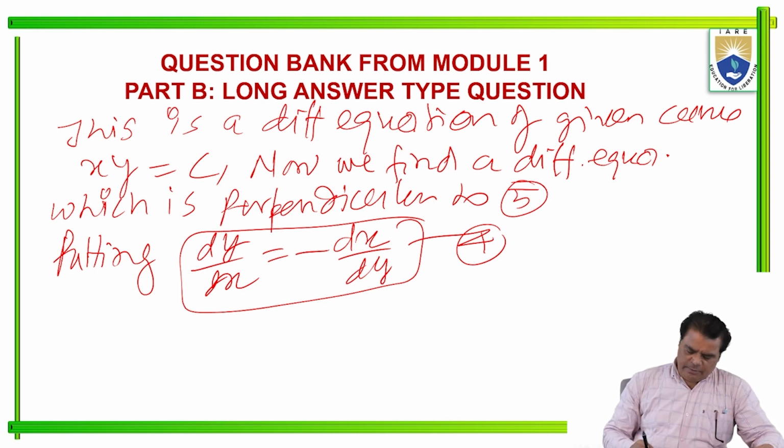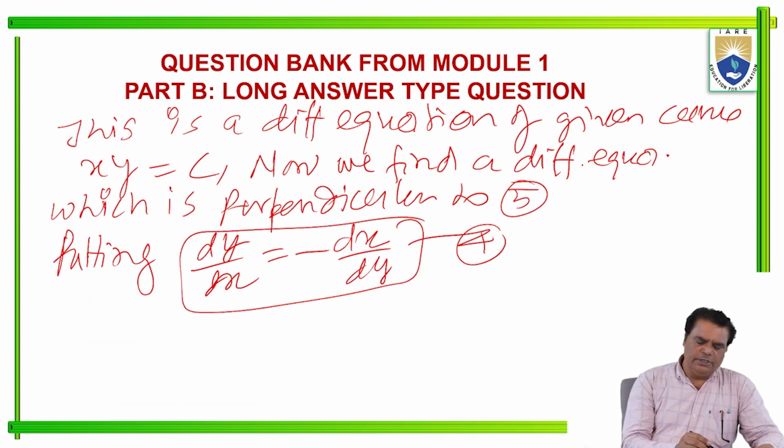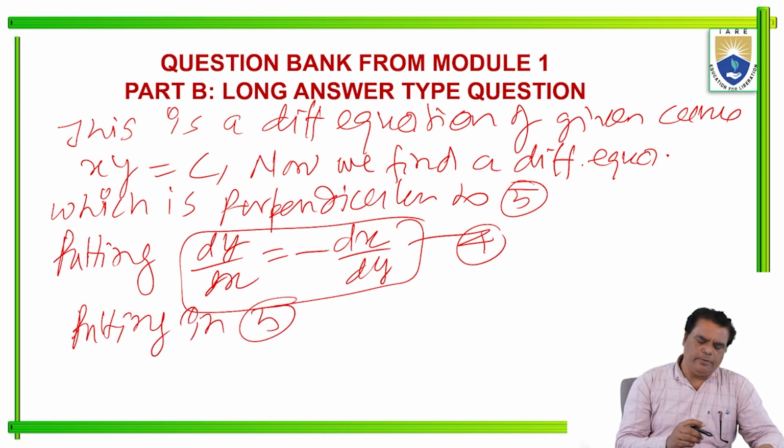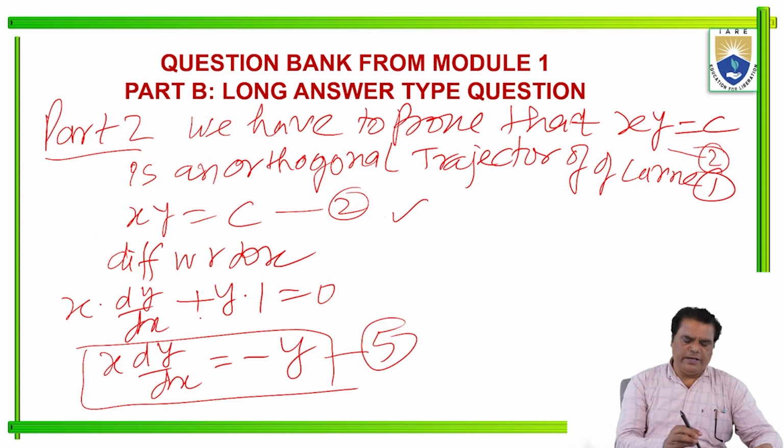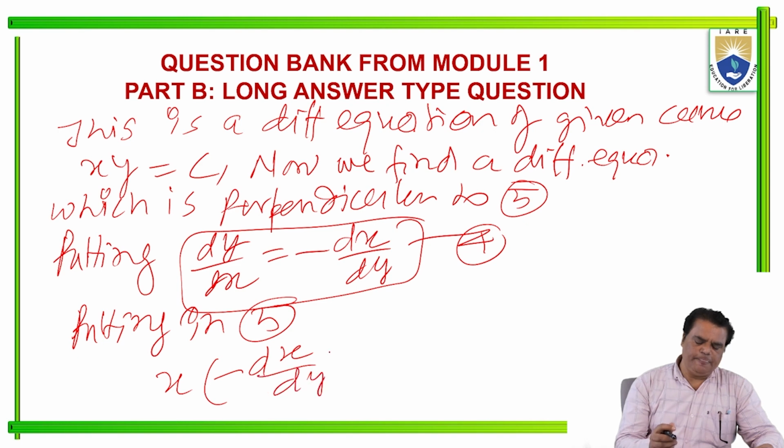Then this result is put in 5. In 5, x dy dx means minus dx over dy.